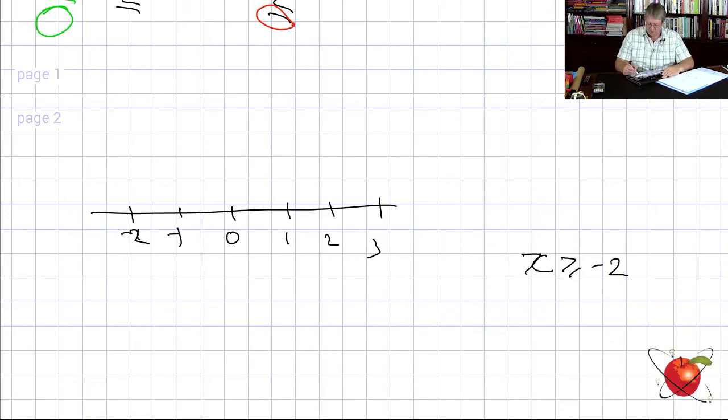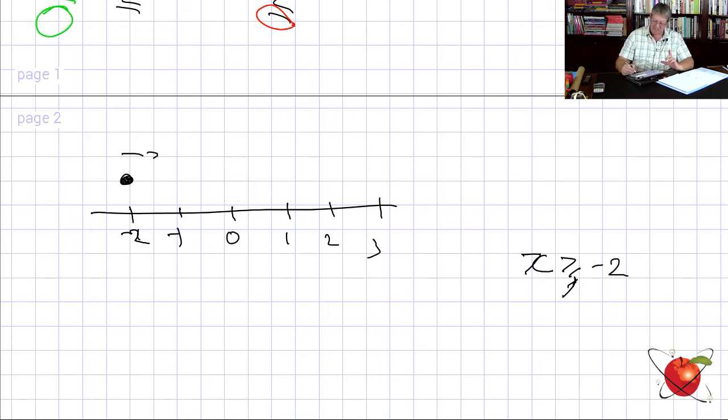What do we do first? We look at the sign: hollow dot or solid. Equal to means it's going to be a solid dot. Bigger than, so I put my little pencil line there. Bigger than minus 2 means it's that way, correct?